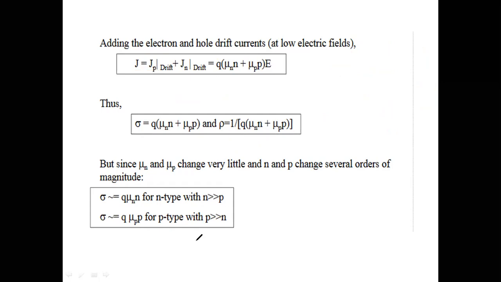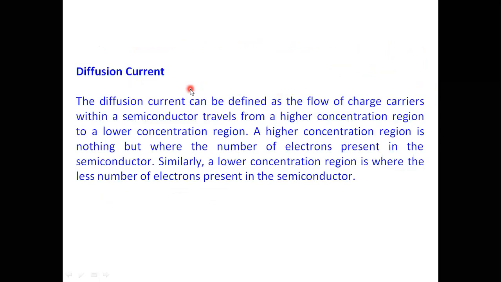Likewise, let us move on to diffusion current density. What do you mean by diffusion current? It means the charge carriers move depending upon the concentration gradient.